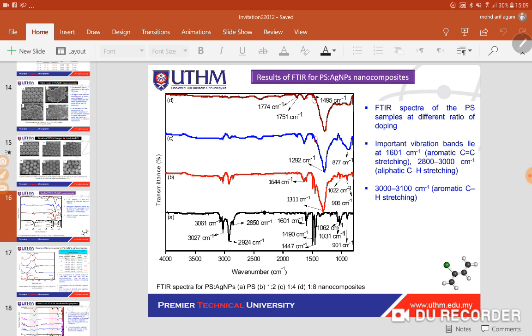But when you dope it with nanoparticles, some of the vibrations are lost. We lost the signal here, meaning that the molecular chain is now restricted from vibrating. And of course, you can see that in this area also, some of the nanoparticles started to prohibit the polystyrene molecules from vibrating.